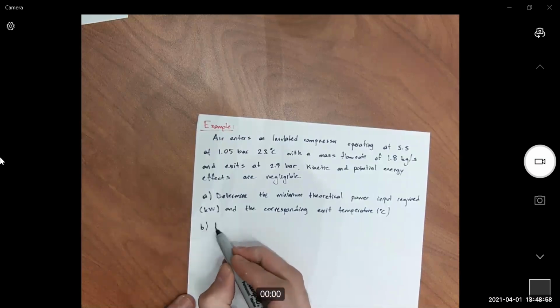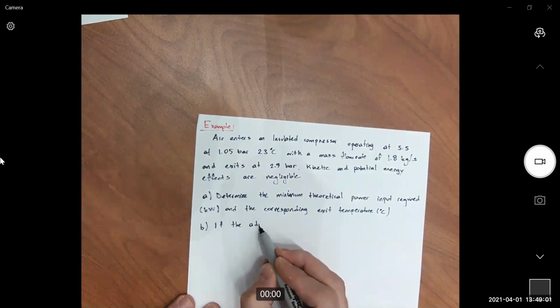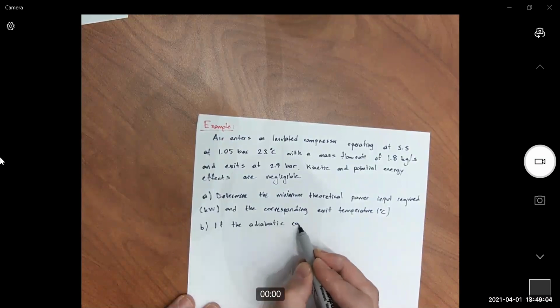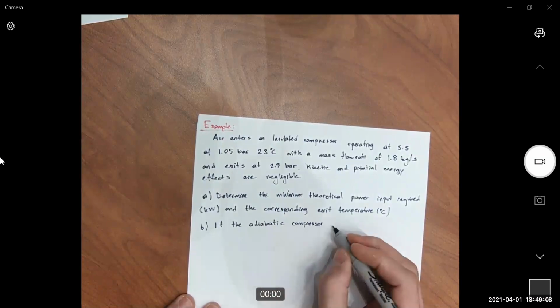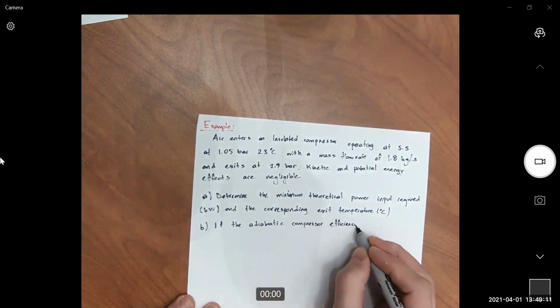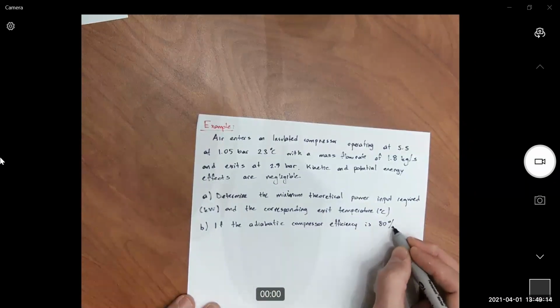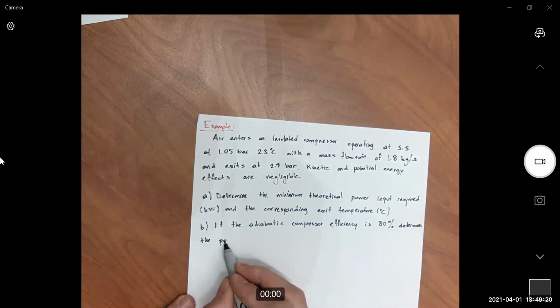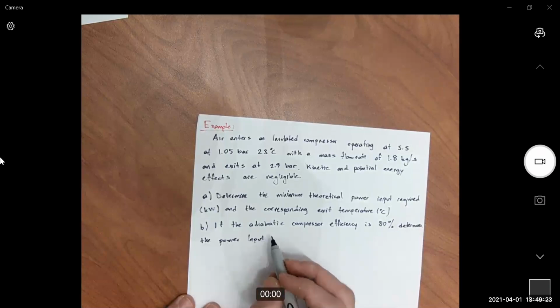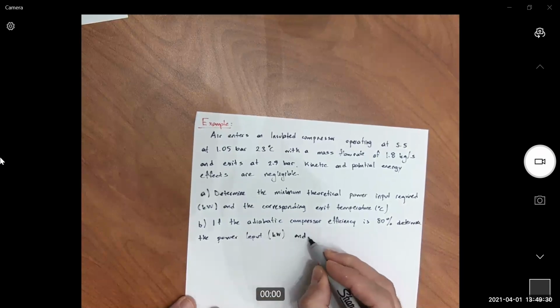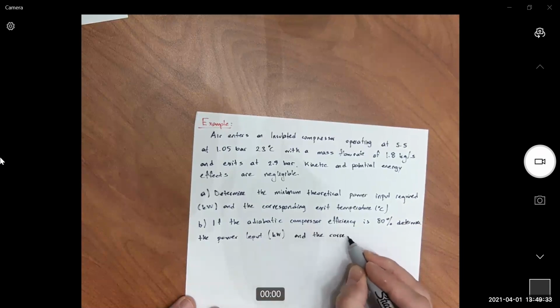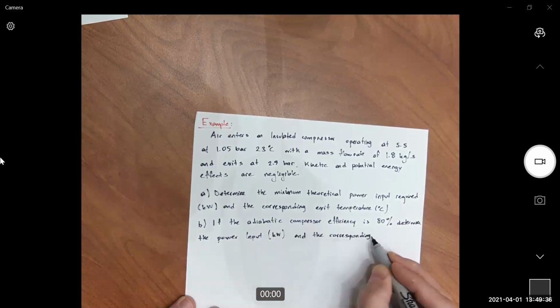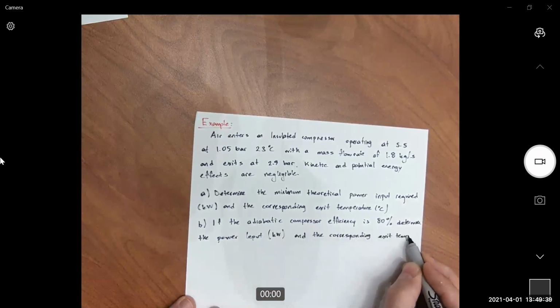B, if the adiabatic compressor efficiency is 80%, determine the power input in kilowatts and the corresponding exit temperature in Celsius.